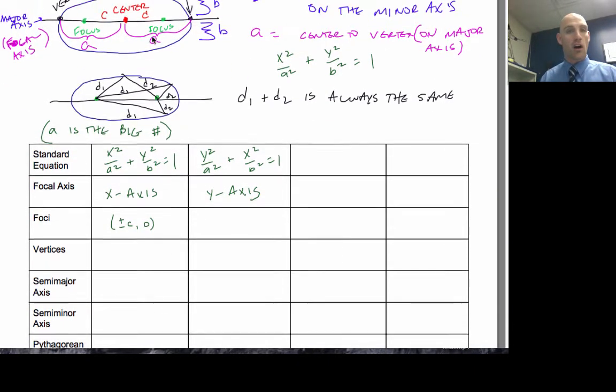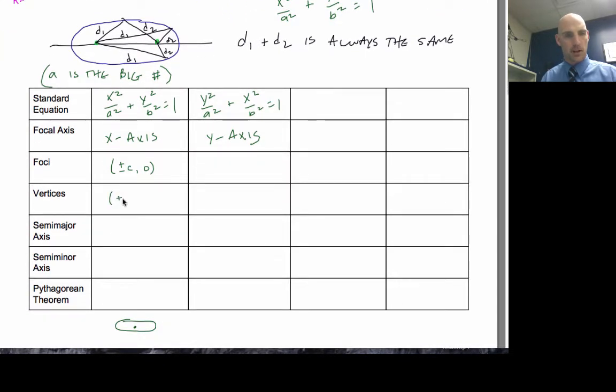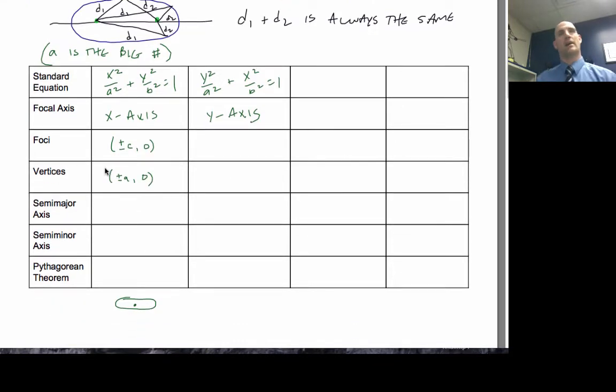Vertices, they are the distance a from the center, so those are going to be plus or minus a comma 0.